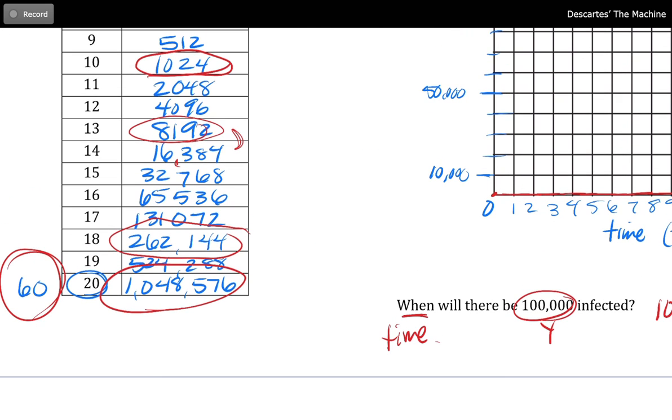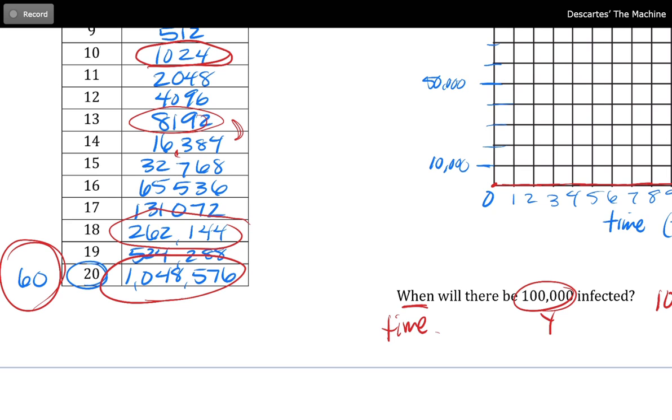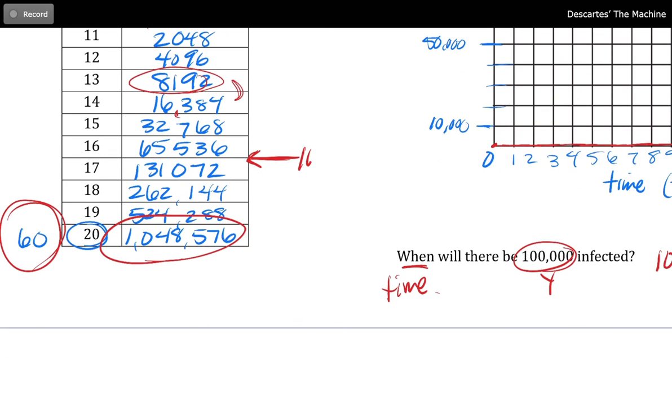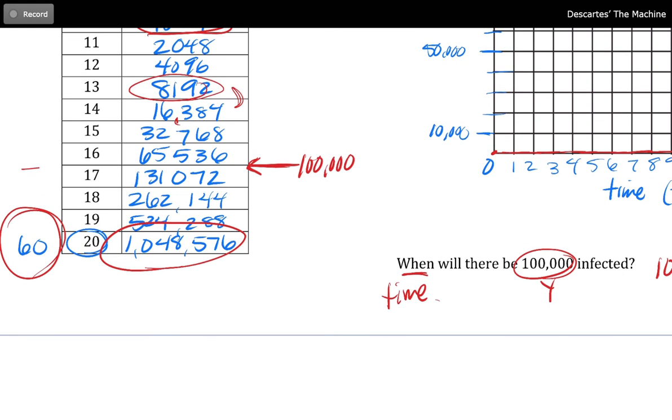Now, if I go back into my table here, it's not going to be a whole number. 100,000 is somewhere in here because it's 65,000 and then it's 131,000. So the x value for that must be somewhere between 16 and 17.